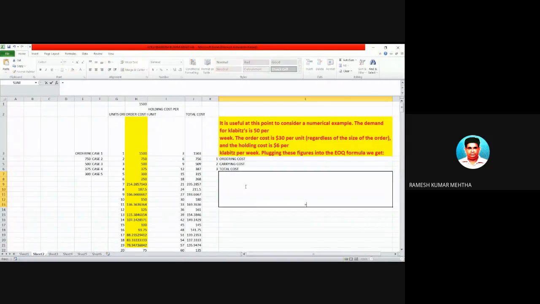The formula is the square root of 2AO by C. If you remember well, it is under root 2AO by C, where A is equal to... Now I will do the calculations over that place.